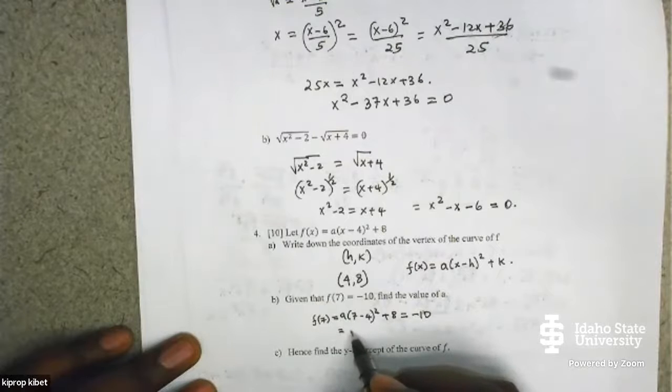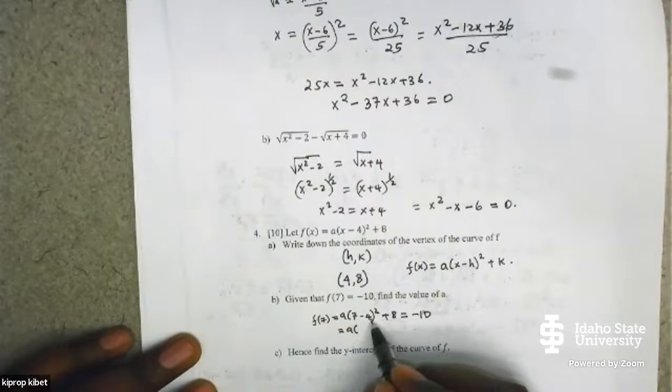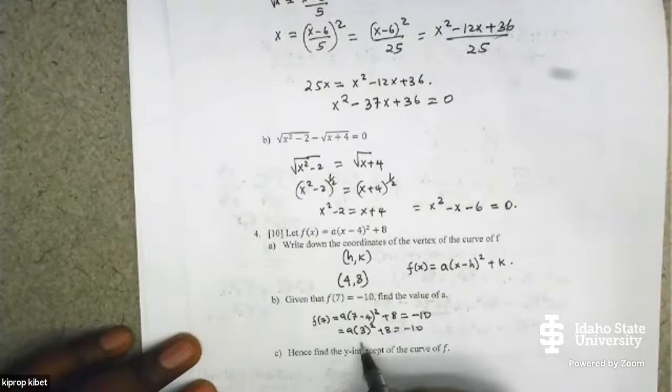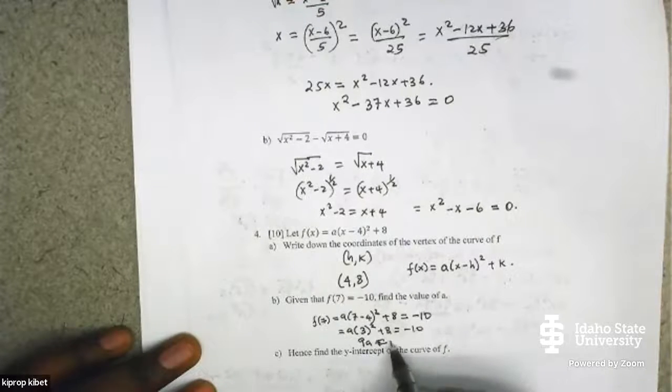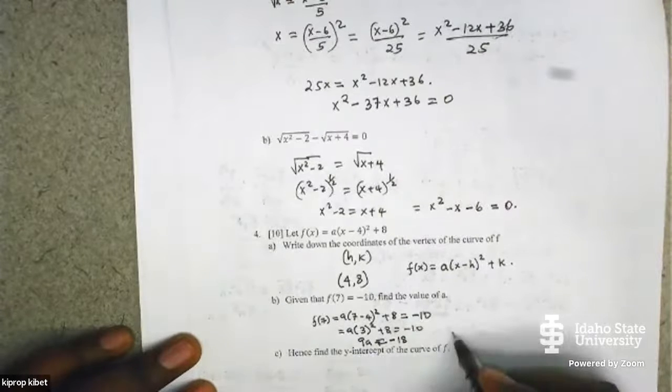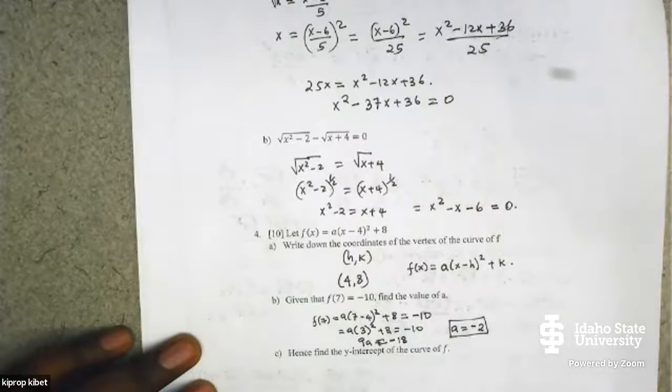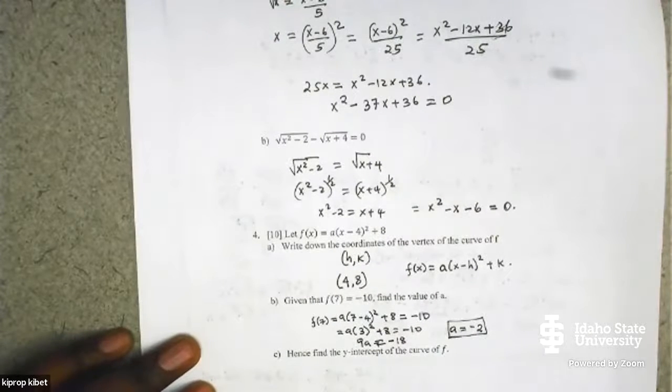So this is the same as a, and then this is what? 3. Then you square, plus 8 equals to negative 10. So this is 9a plus 8; you take 8 to the other side, it becomes minus what? 18, right? So our a is equals to minus 2.